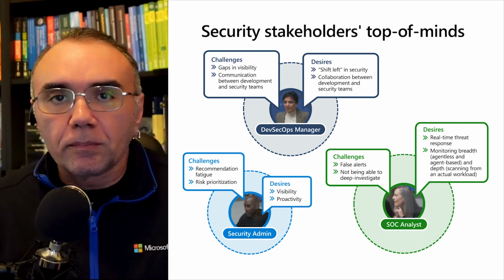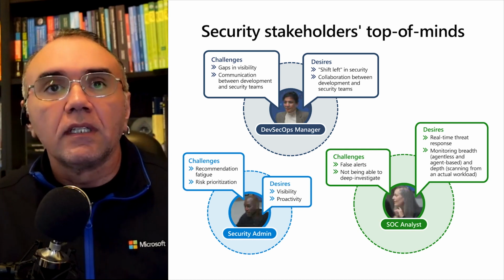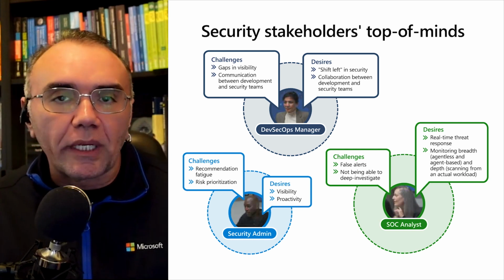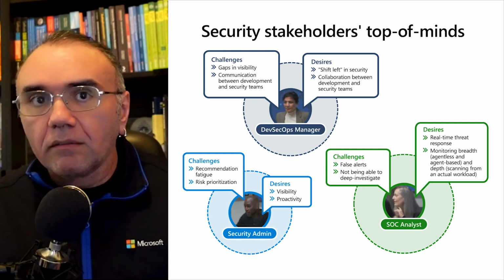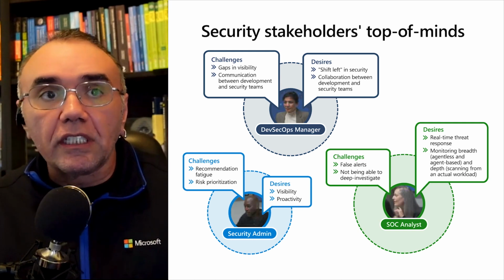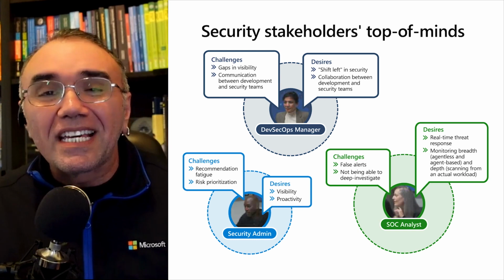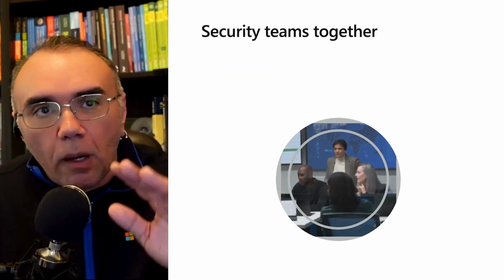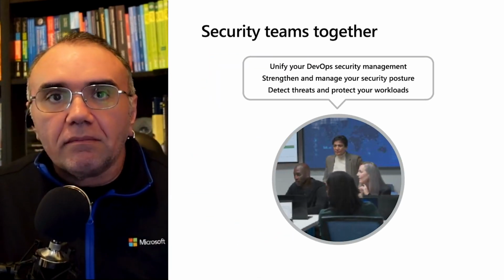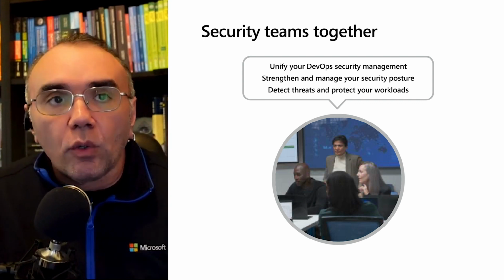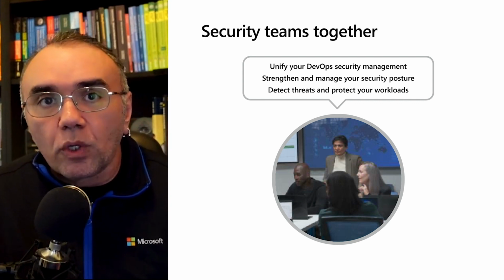Finally, threat responders, the SOC team, must manually catch threats like malware and integrate threat protection into DevOps and security administration workloads. If you pay attention, on top of security challenges within their own roles, security stakeholders also need ways to better work with each other.